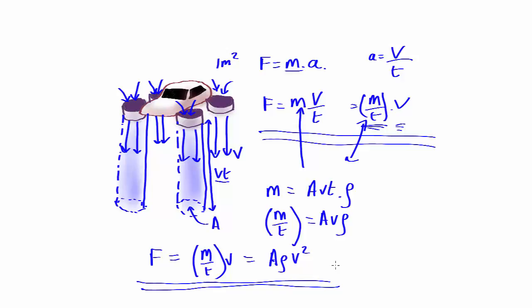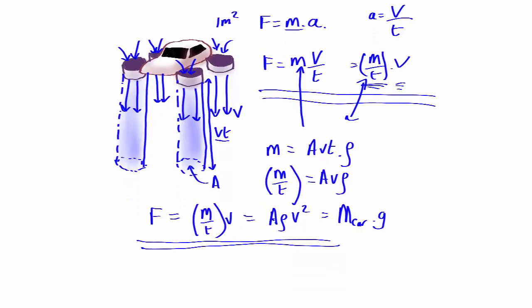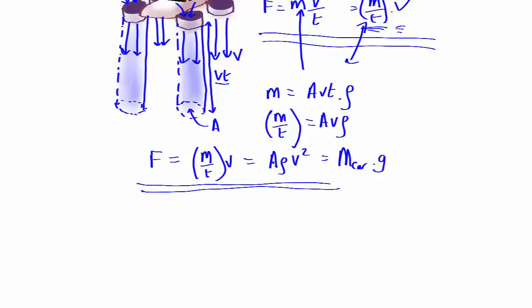The total force is going to be 4 times that. And that's got to be equal to the weight of the car, m times g, if the car is going to stay in the air. As usual, we need to balance forces. Okay, so we can therefore work out what sort of speed we're going to need. So if we have that A rho v squared equals m car g, I will put a 4 in here because we're going to have 4 fans.